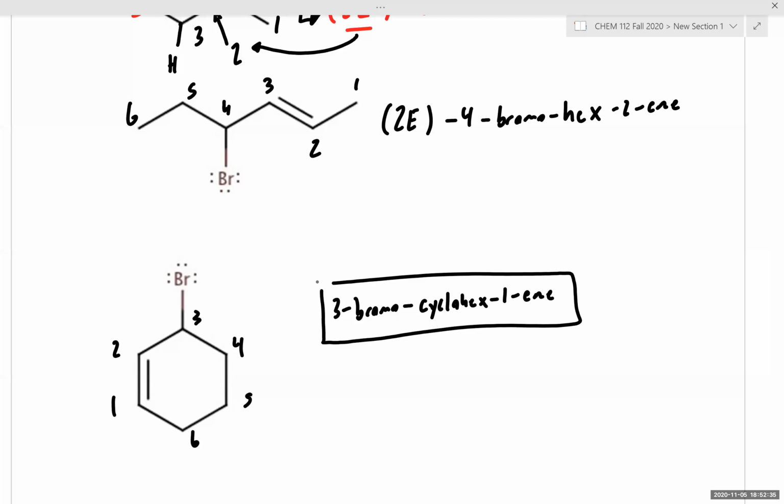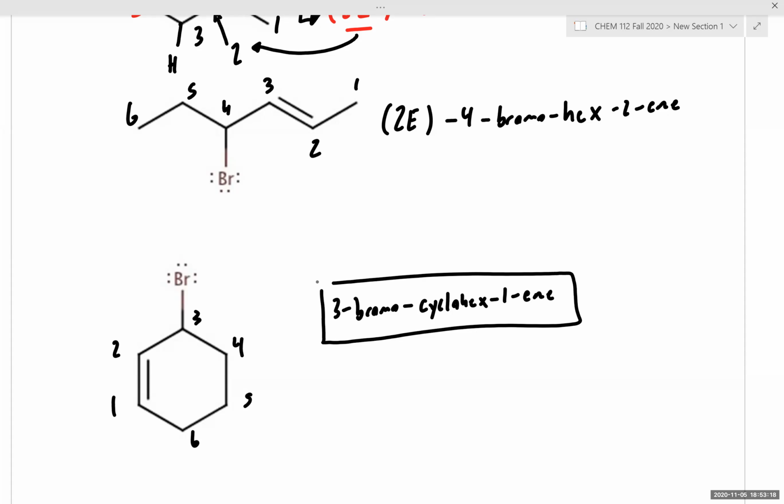So what does everyone think of this name? Do you agree? Do you disagree? Is there another name or numbering convention that you think would be more appropriate? So you want to give the alkene the lowest possible locant number. So we typically start counting at the alkene because we want to assign it the lowest locant number. Does anyone have another proposed name?